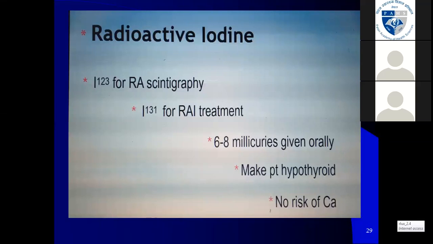The dose is 6 to 8 millicuries given orally, and it makes the patient hypothyroid, and there is no risk of cancer. In some books there is also some risk of infertility written, but articles have many evidences showing that there is no risk of infertility in taking radioactive iodine.